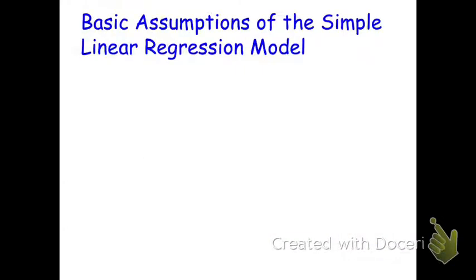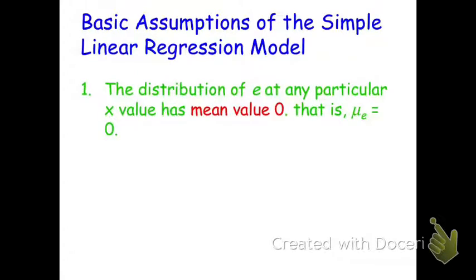Now, when we're doing a write-up, so a confidence interval or a hypothesis test, I'm going to show you the assumptions, but they look a lot lengthier on this slide, and we will shortcut them once we do a full write-up. So I'm just going to talk about them really quickly.